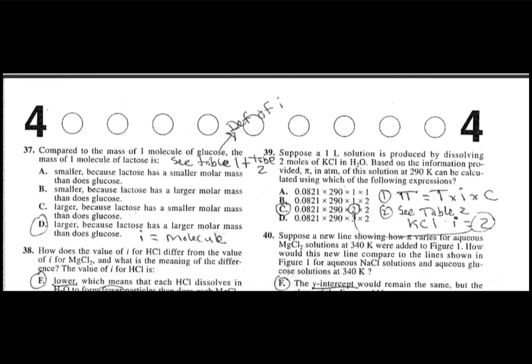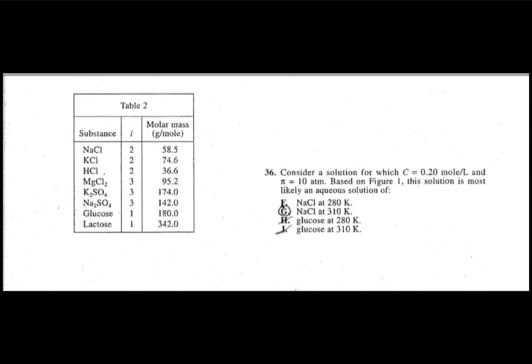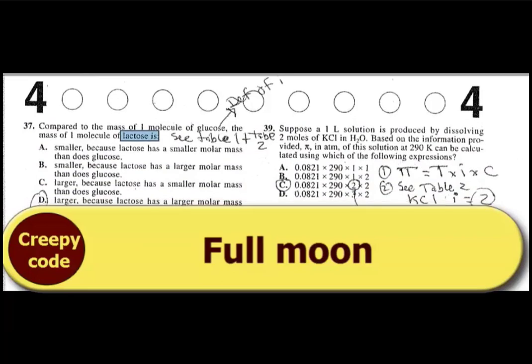Come on down to your answer choices and read the question. Compared to the mass of 1 molecule of glucose, lactose is what? Lactose, you saw, was heavier. Lactose 342, glucose 180. Lactose is heavier or larger.